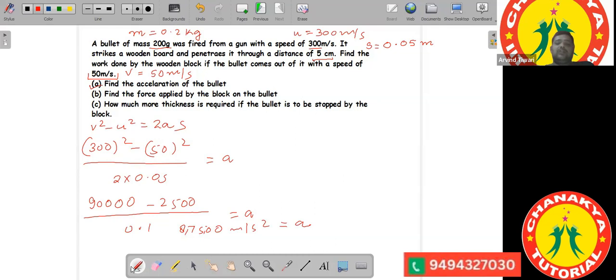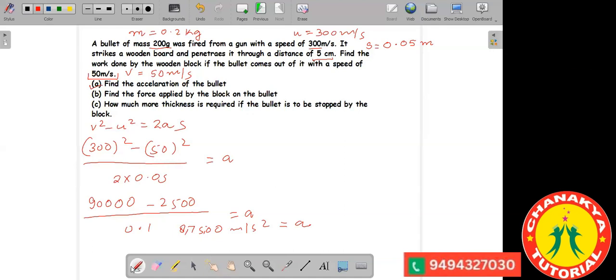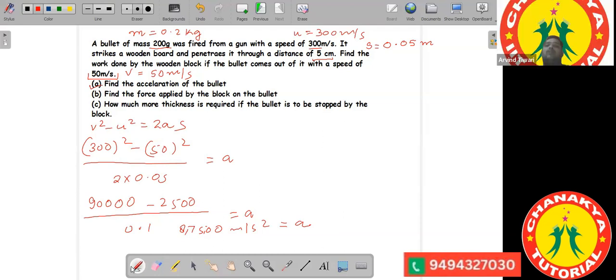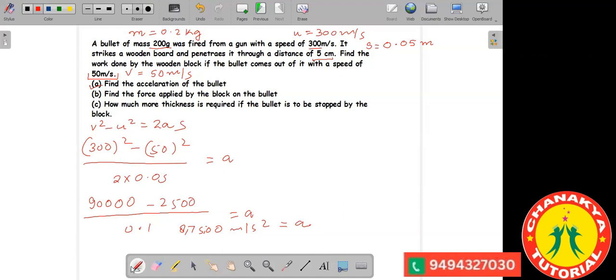Okay. So did anyone get this answer? Harini, where did you go wrong? I didn't use this formula to find acceleration. Even if you go the other way, like we did in the previous question, I did work equals force into displacement, and then I found force, and then I calculated the acceleration.